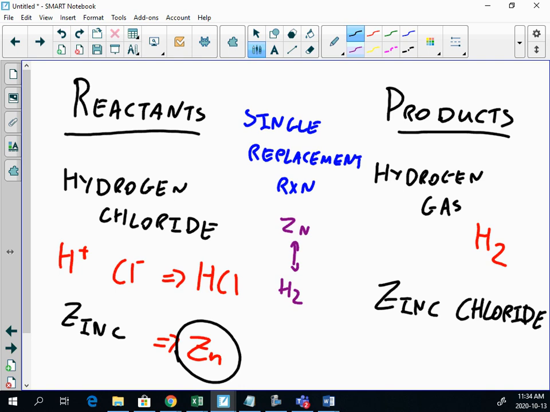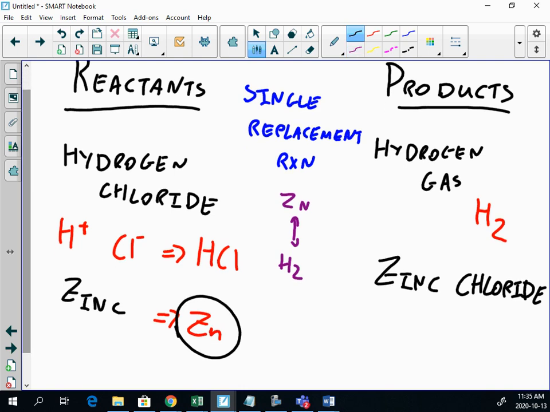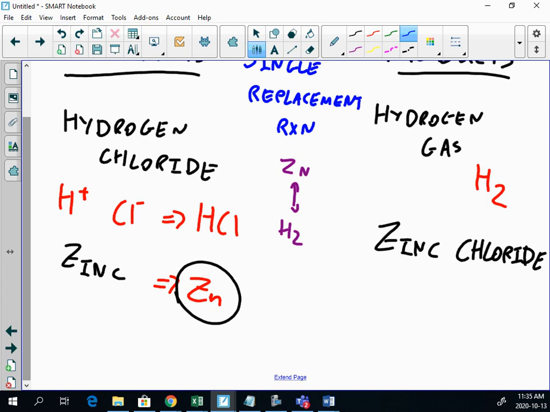Now, in order to get the chemical formula for zinc chloride, I need to recognize that a zinc ion, Zn, has a 2+ charge, and a chloride ion, Cl, has a -1 charge. To balance, I'm going to have twice as much chlorine, which means overall, ZnCl2 is my chemical formula.